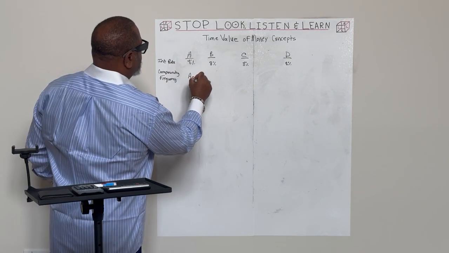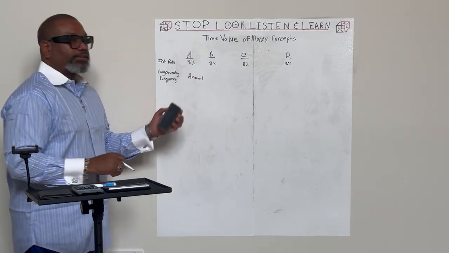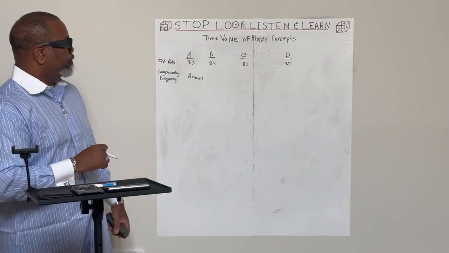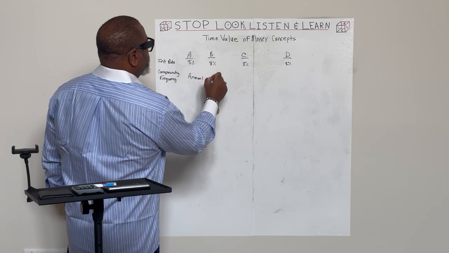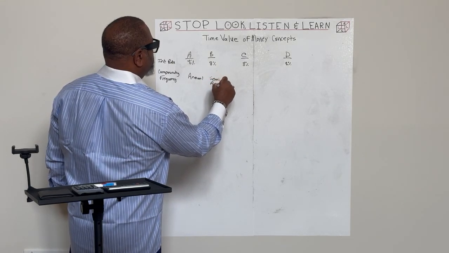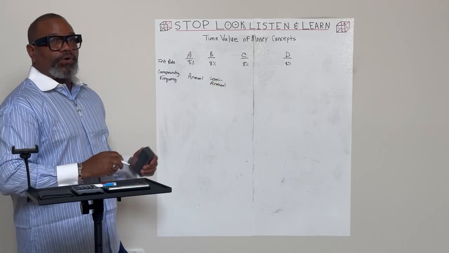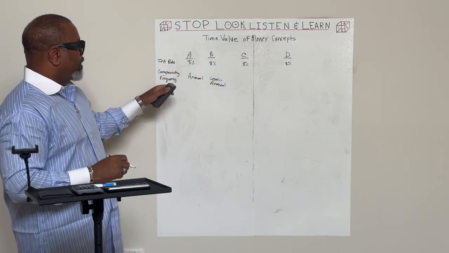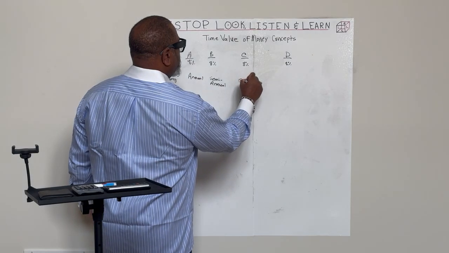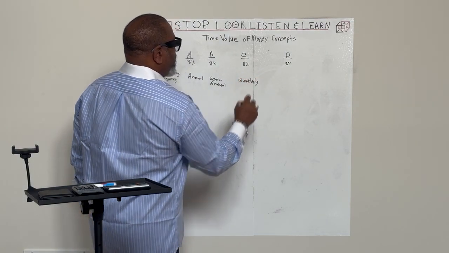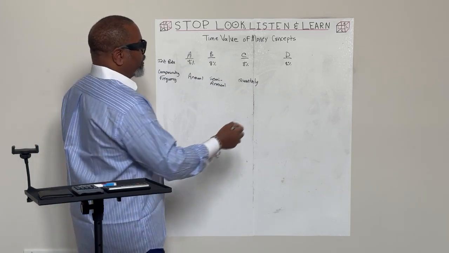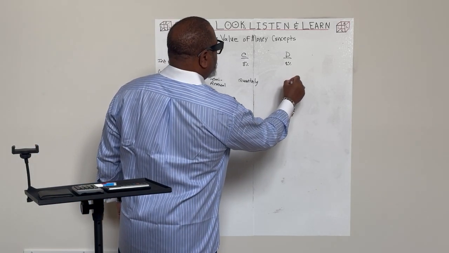That means that the interest at bank A will compound only once per year. Bank B is going to be semi-annual. Bank C's compounding frequency is quarterly. And then bank D's compounding frequency is going to be monthly.